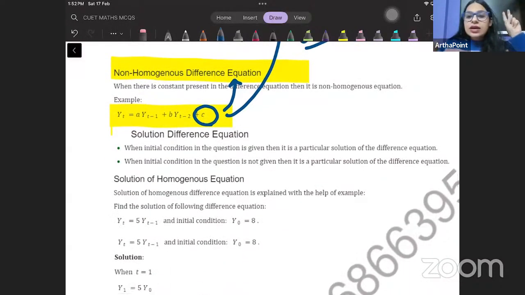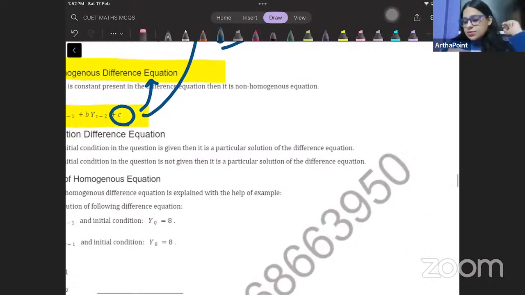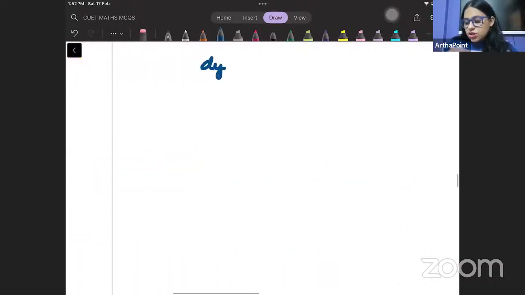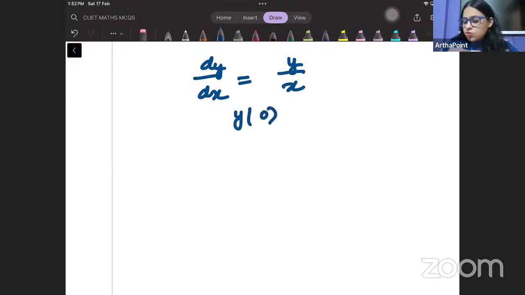Secondly, sometimes, like yesterday, we were given a differential equation dy by dx is equal to y by x, but you are also given that y of 0 is equal to 1. You are given some initial condition.